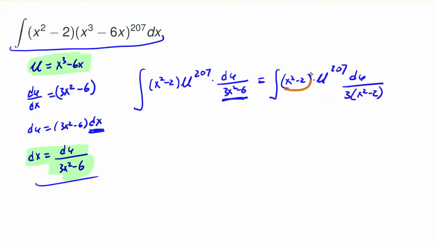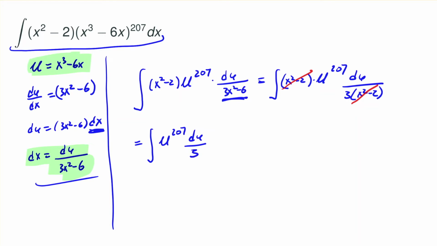Now we see that this one and this one will cancel out, right? One is on the numerator, one is on the denominator. So what we have left is u to the 207 du over 3. This over 3 is the same thing as 1 over 3. We can take it outside of the integral sign, like this.